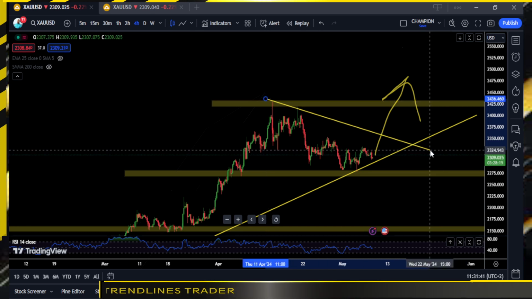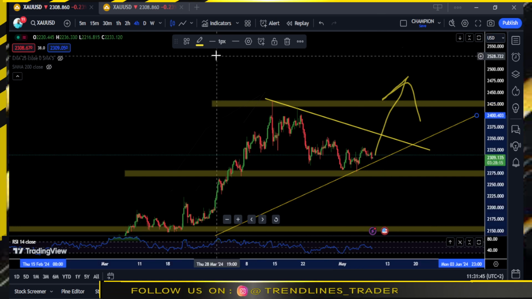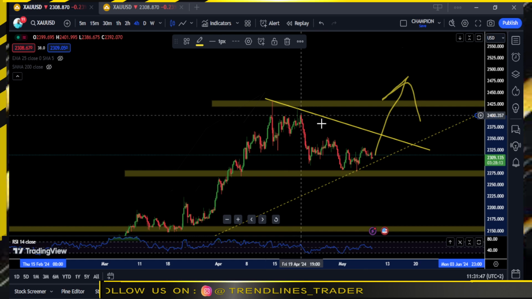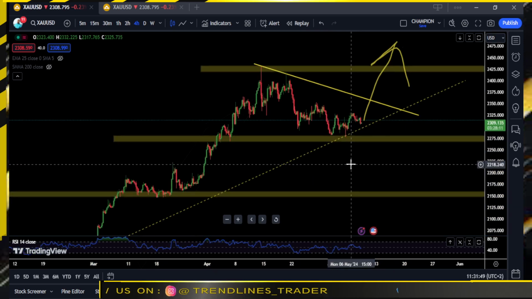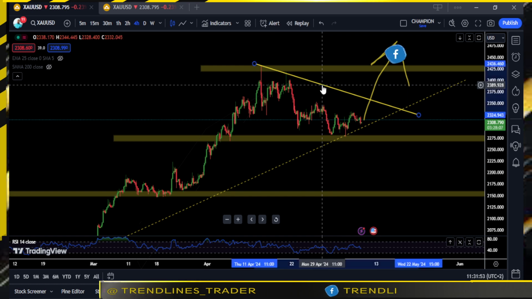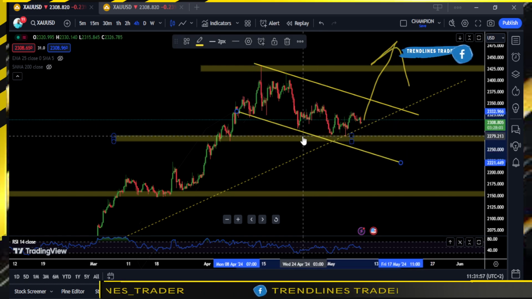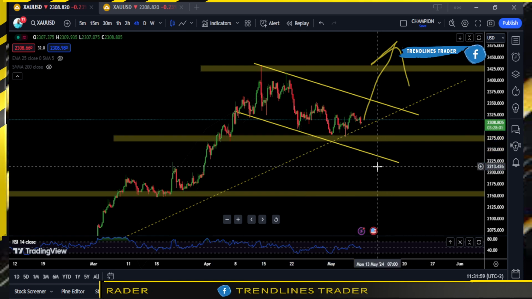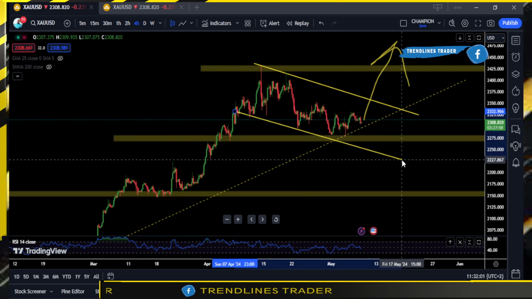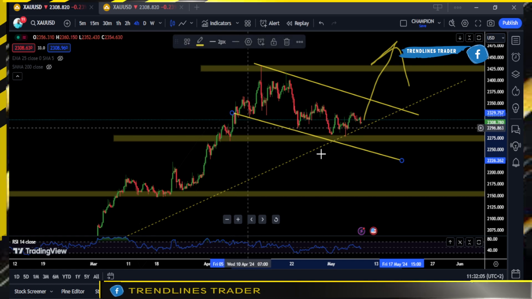Remember, when you draw trend lines, you just have to look for 2 points before you draw the trend. As I'm drawing this bearish trend or channel, you can see even our diagonal support has that same direction.